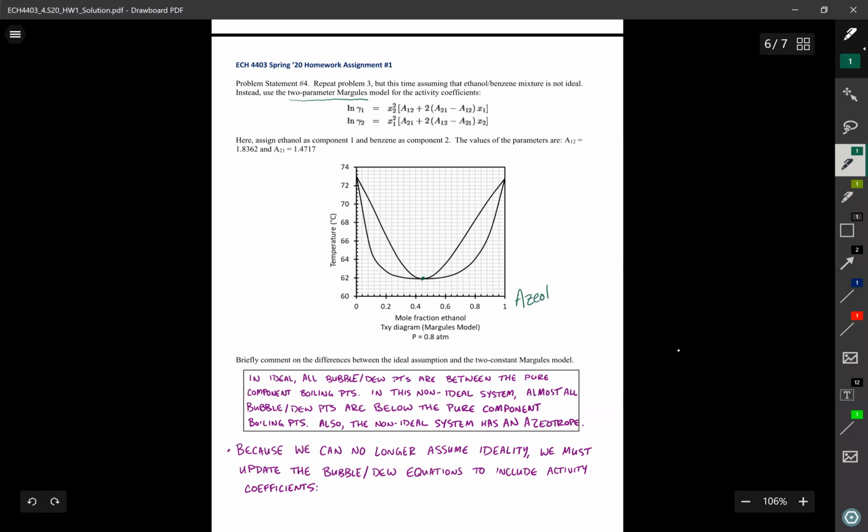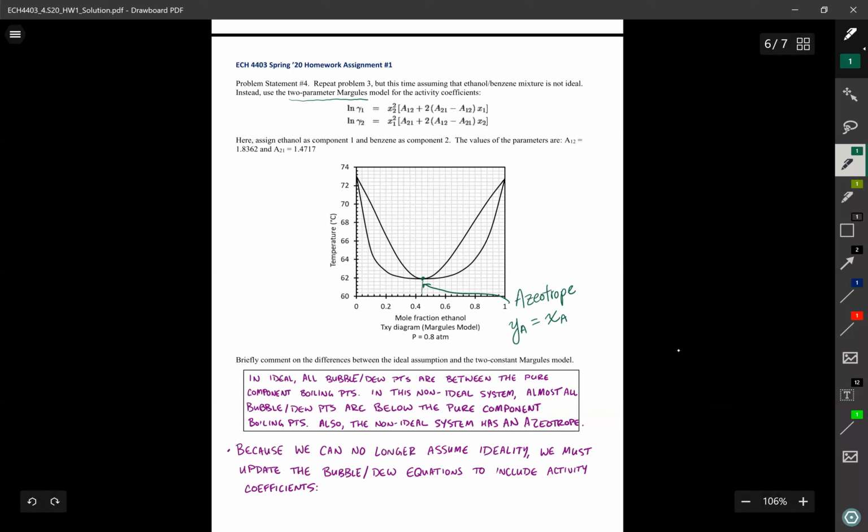So this is what we say when we're talking about an azeotrope. An azeotrope is a certain composition that when you boil it, your vapor phase mole fraction, your YA, is equal to your liquid phase mole fraction, XA. And that can be a problem for separation. For the sake of argument, let's say I've got a 45% mixture of ethanol and benzene, and that's a liquid at 60 degrees or so.